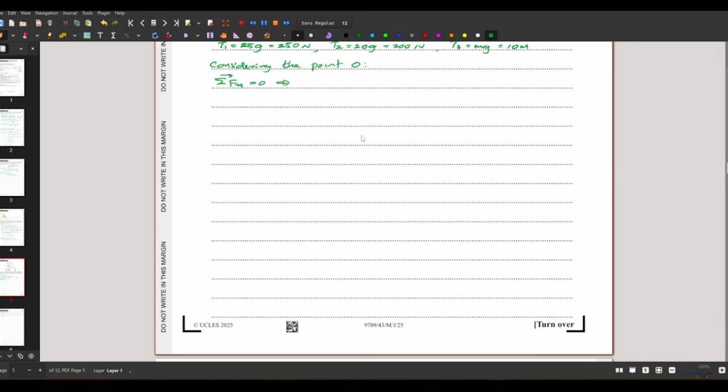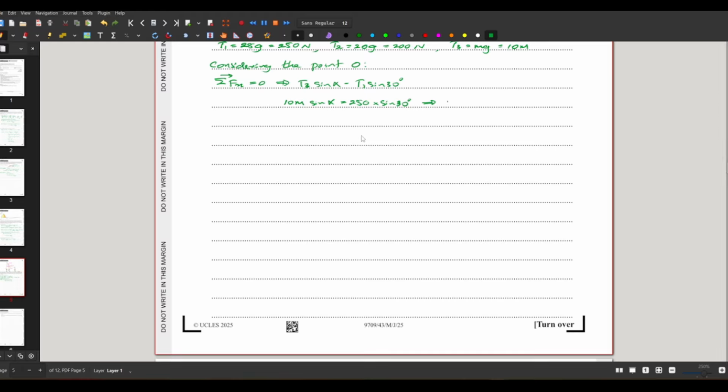Right? So here T3 sine alpha, minus T1 sine 30. So with that, we can write here T3 was 10m, sine alpha equals T1 was 250, here sine 30.